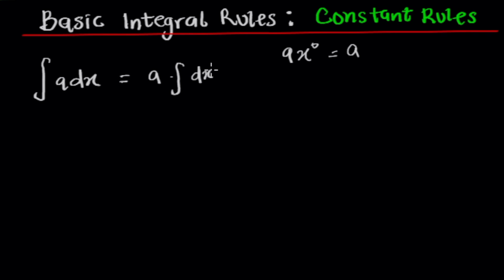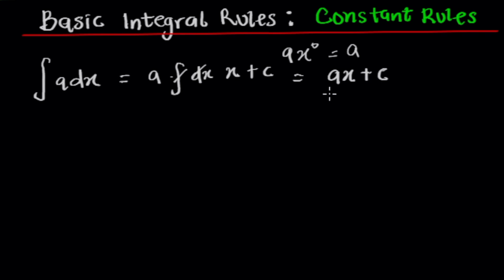Since you have an integral of dx, the integral sign and the dx will simply cancel each other. So whenever we are integrating dx, we're going to have x plus c, right? And don't forget we have a here, so we use this a to multiply this x, and the final answer is going to be ax plus c, right?